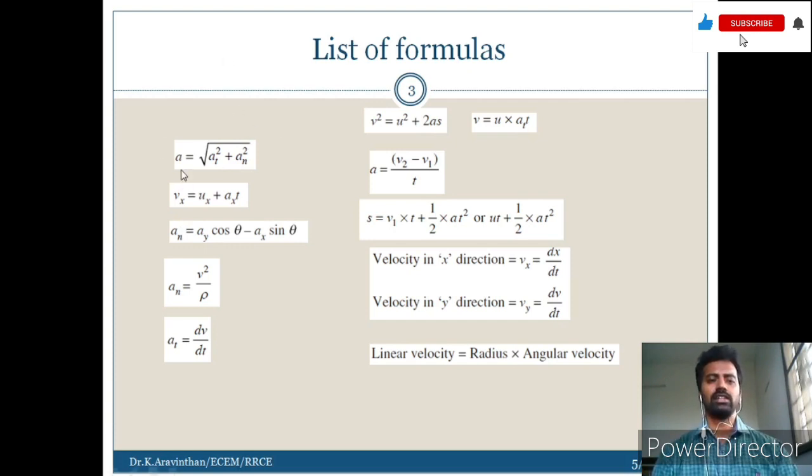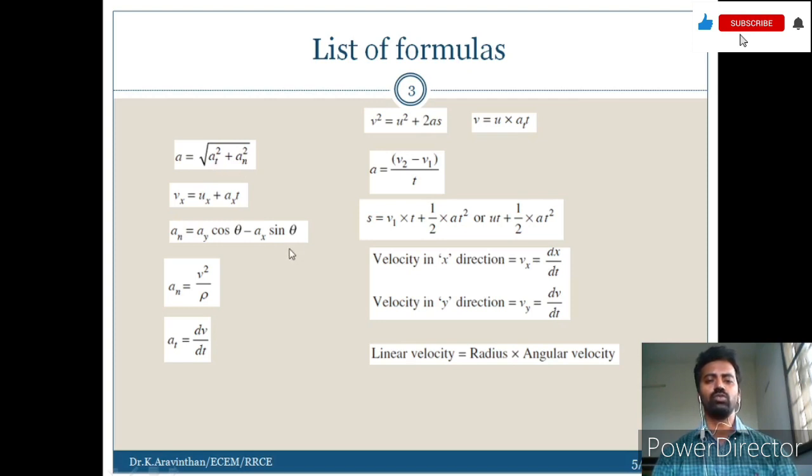Regarding acceleration, if you want the total acceleration, here A is the total acceleration. You can add the tangential acceleration plus the normal acceleration, where AN is normal acceleration and AT is tangential acceleration.